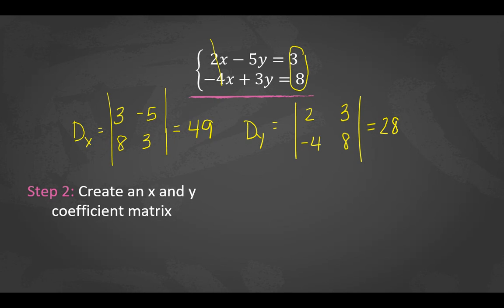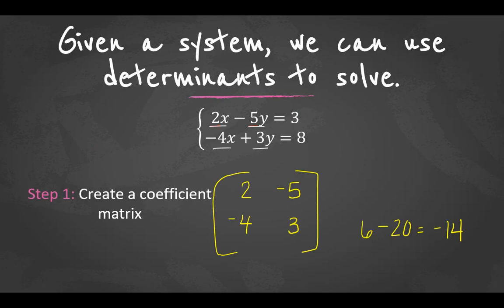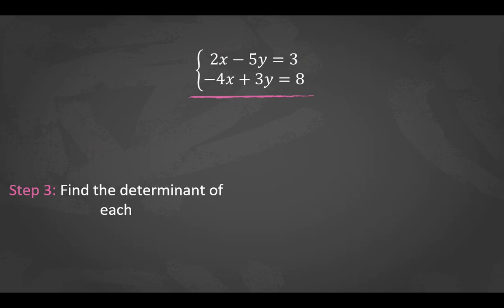And that actually was step 3, to find the determinants of all of them. So the first one was negative 14. The x was 49. And the y was 28.